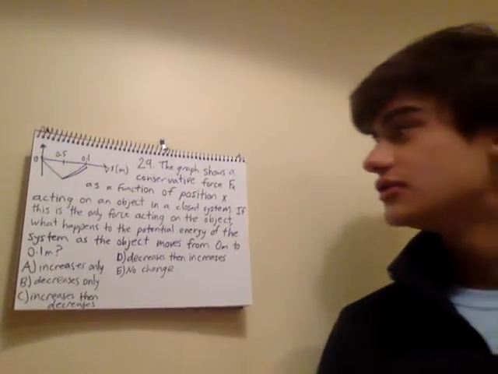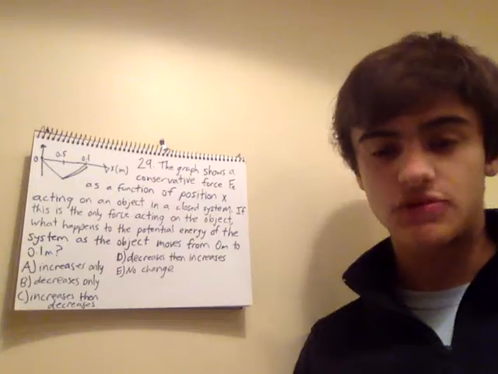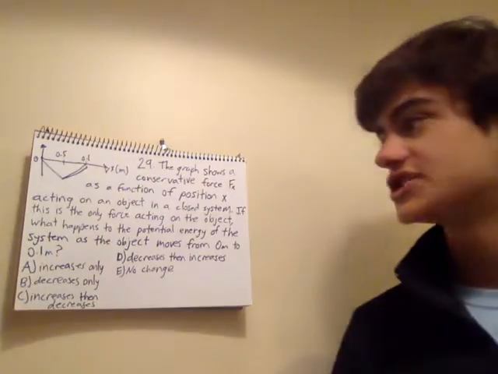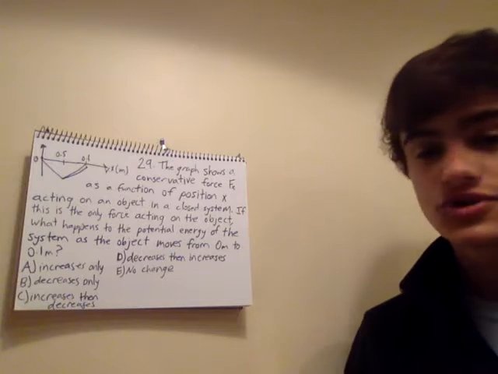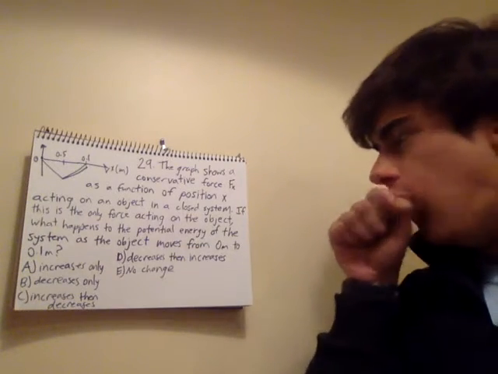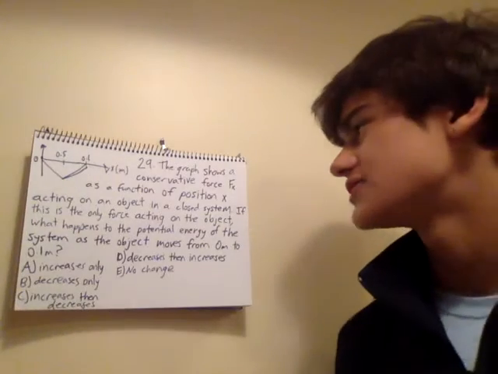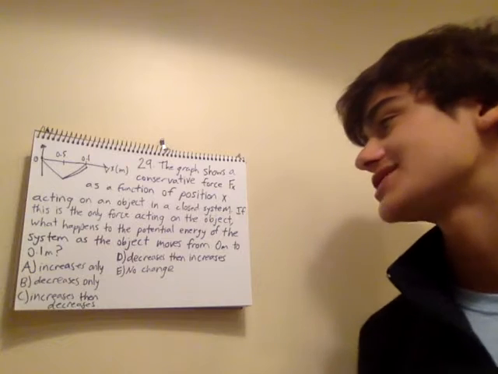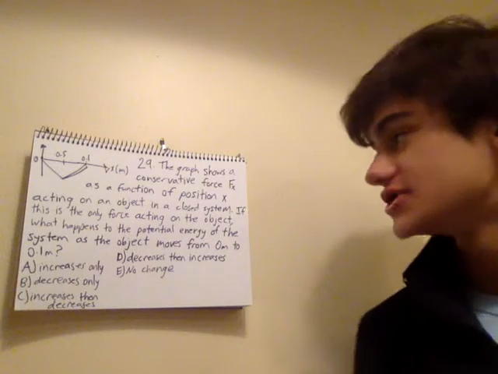This is video number 29 associated with problem 29 from an AP Physics C Mechanics multiple choice test. The problem we're solving today: the graph shows a conservative force F_x as a function of position x acting on an object in a closed system.